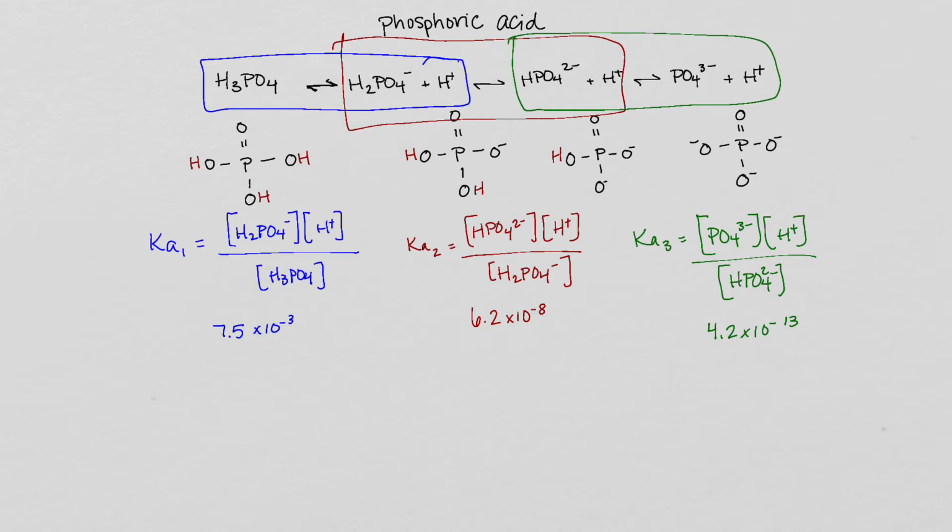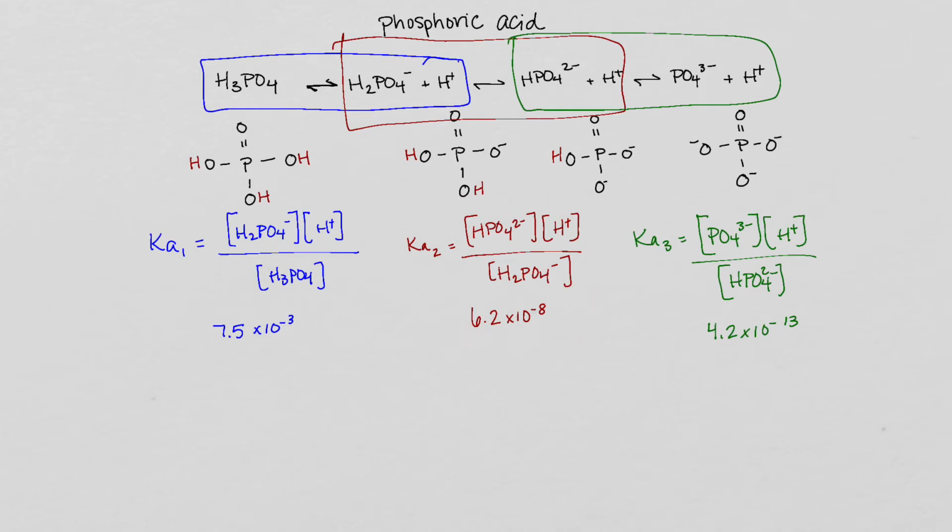So if you had, for example, a phosphoric acid solution, and we told you that it had a pH of 2, then you know it's probably going to be this equilibrium that you need to use. Whereas if you have something that's closer to 7 or 8, it's going to be around here.